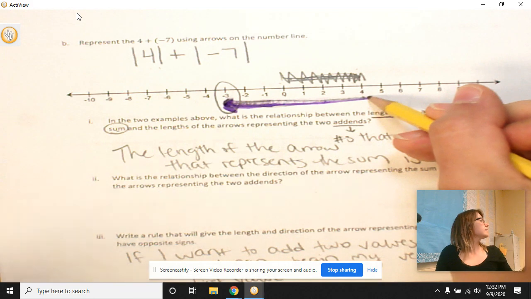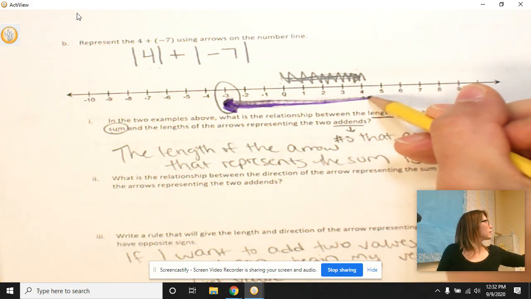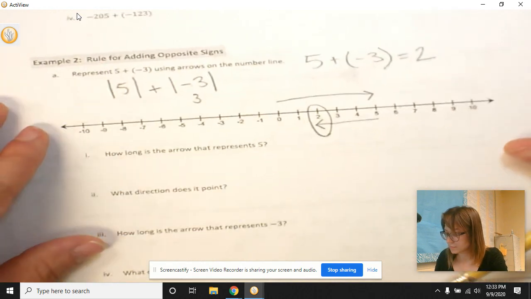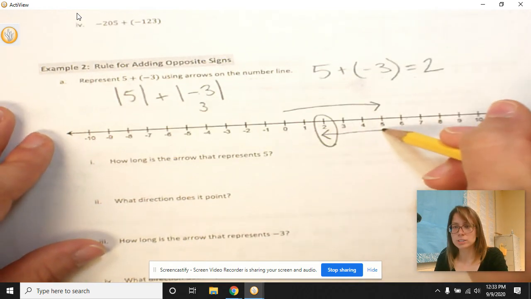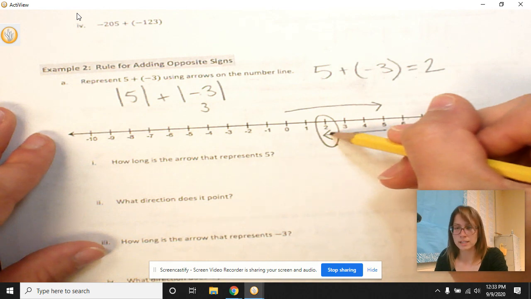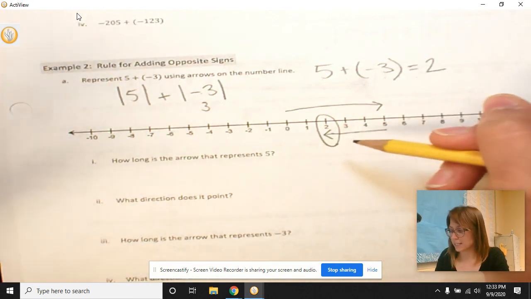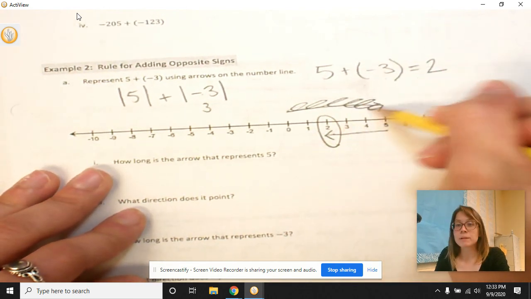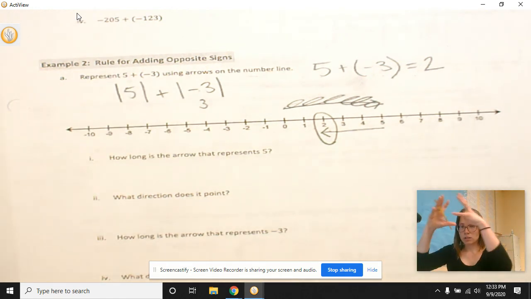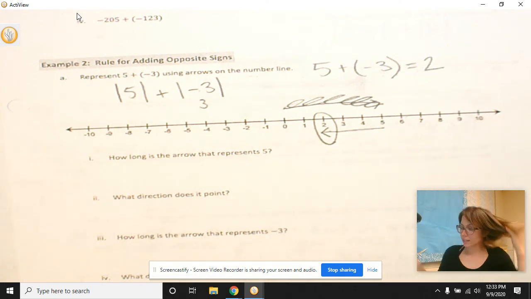And even in our last example, if you look, see, I could have just started at 5 here and then drawn my vector representing -3, and I would have gotten the same result. They're telling me that there's no need to do this anymore because we are combining all the ideas that we've been working on in the last few lessons, and we're taking a shortcut.